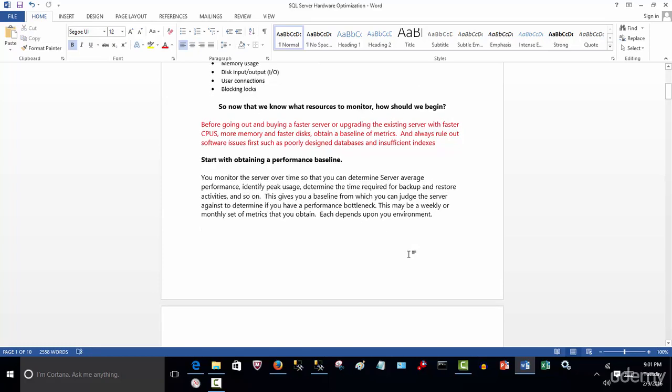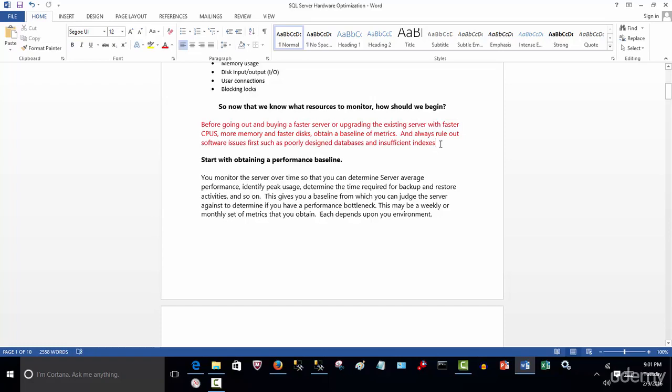So the first one I'm going to begin with is the CPU, and I'm going to show you some of the counters that we utilize in monitoring the CPU utilization. Now, before I even begin, I've highlighted this in red, and this is an important concept to understand.